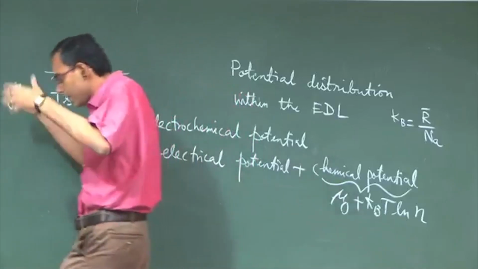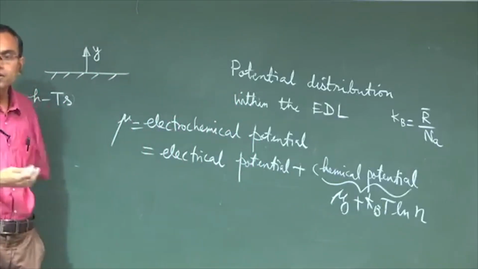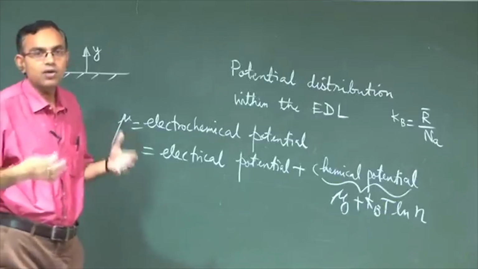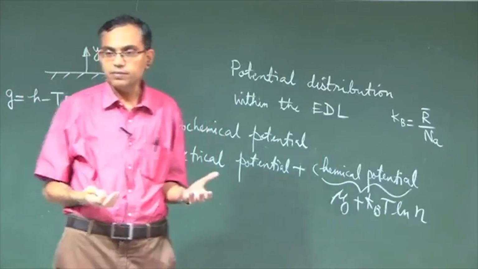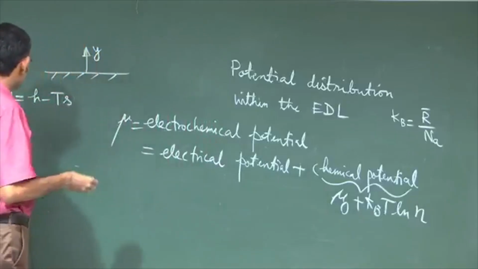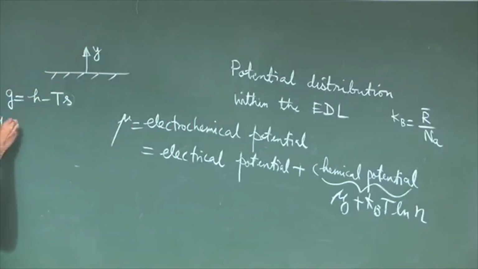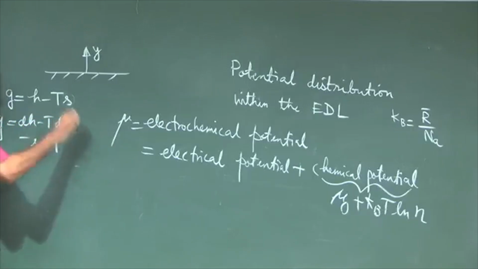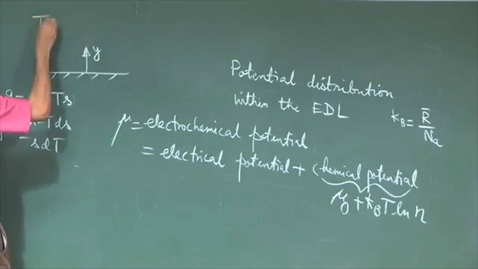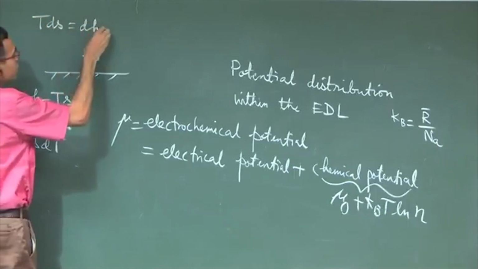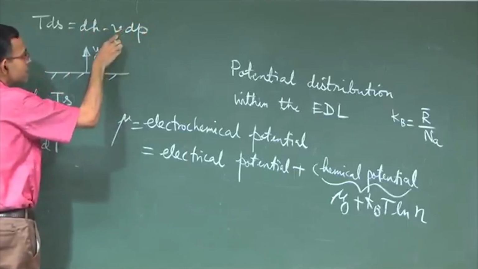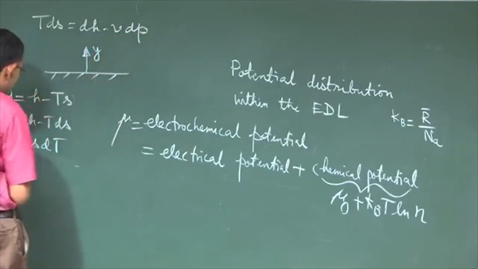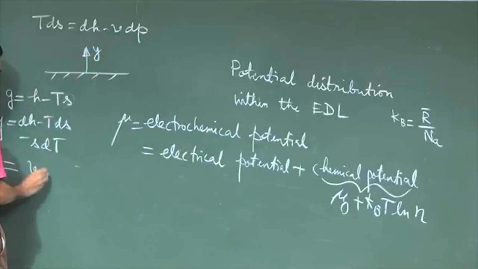Very similar things happen in a chemical or an electrochemical system. I mean, human life is a very complex chemical or electrochemical system, but even in a simple system the same thing happens. So, dG is equal to dH minus TdS minus SdT. Now, you have an identity in thermodynamics, TdS is equal to dH minus VdP, where V is the specific volume and P is the pressure. So, dH minus TdS is VdP.